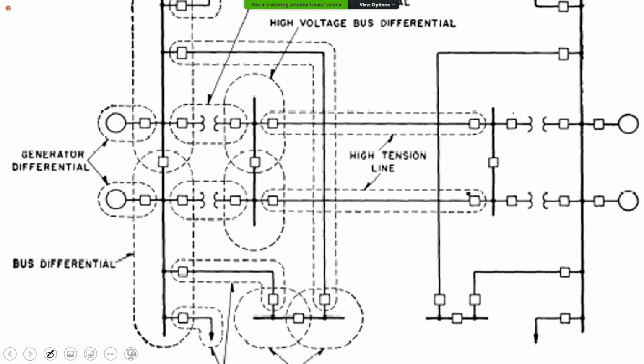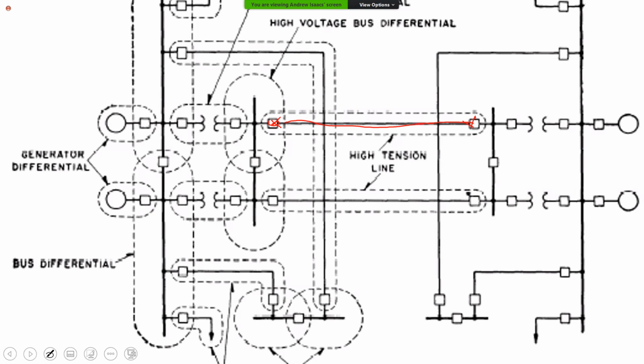So as I just mentioned, you have here, this is a line, that transmission line. Okay? And these would be the breakers associated with that line. So if we're removing that line, then we'd open the breaker on either side.